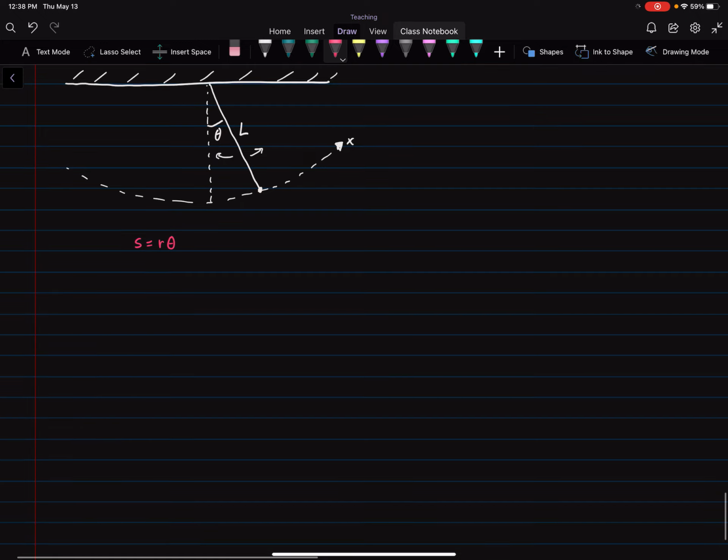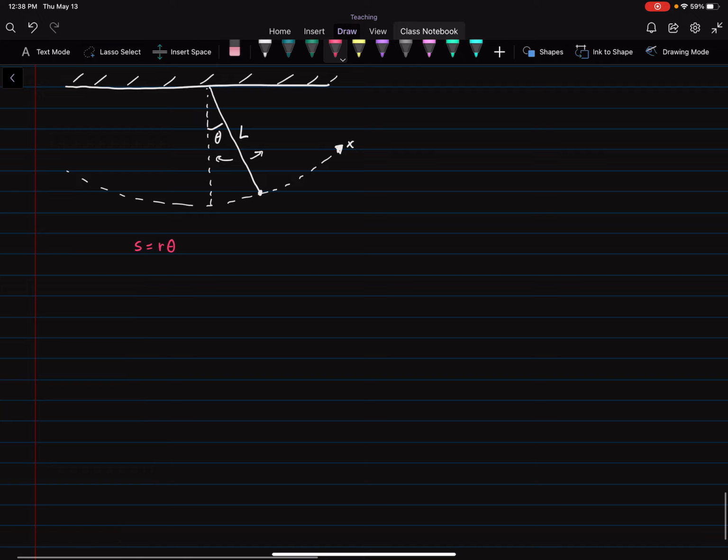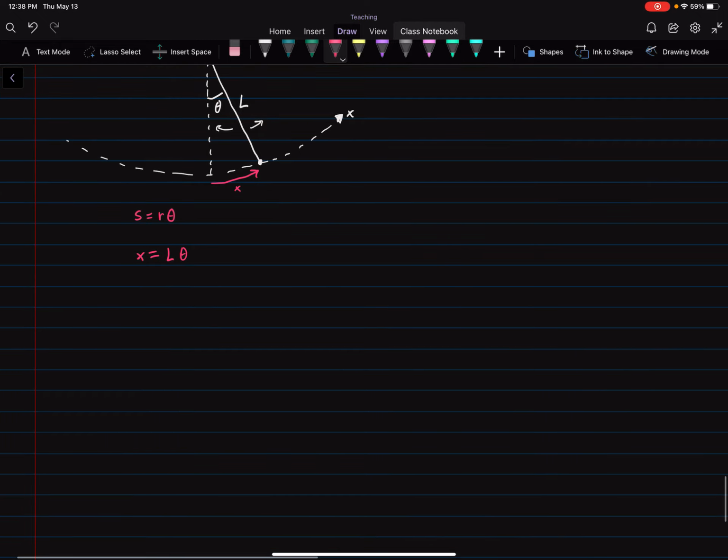That's usually the way that you typically see it. In our case, arc length is really our displacement x, right? So it would be x equals radius L, so x equals L theta. So really, instead of confirming that the restoring force is directly proportional to x, we need to look for if it's directly proportional to theta, because that's actually the path here.